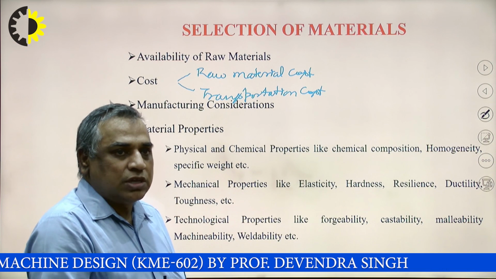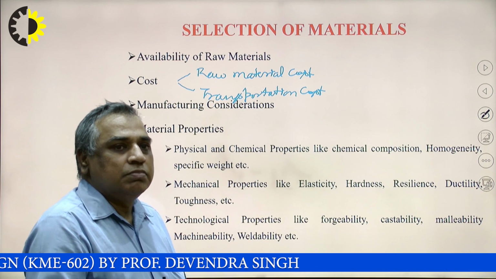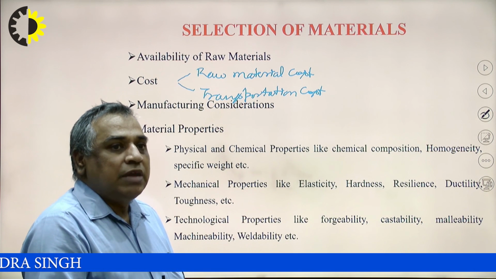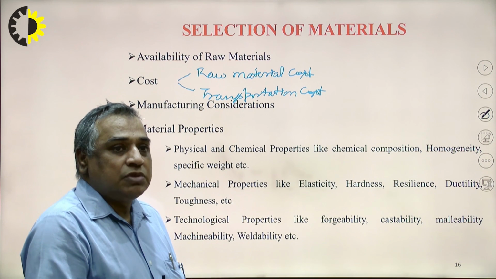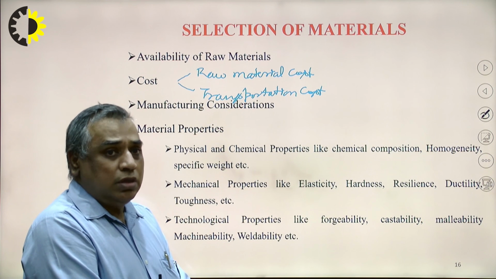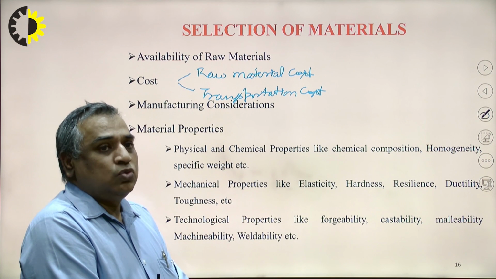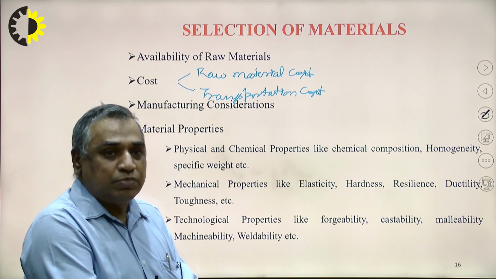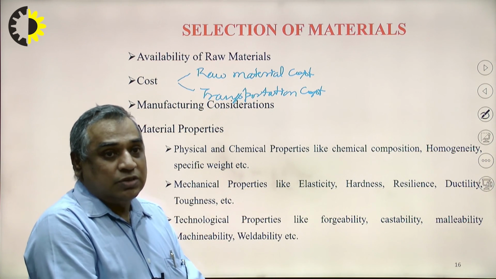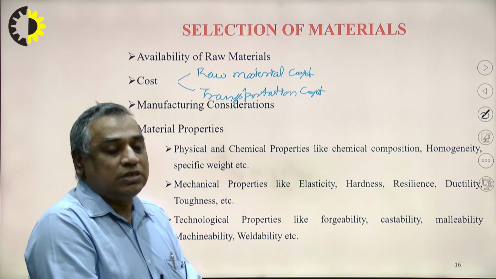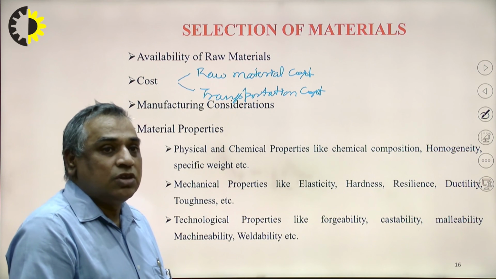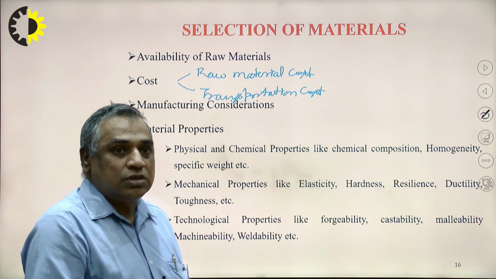A wrong selection of material will adversely affect the design. Sometimes it is better to select the material which has a higher material cost, but its transportation is not there, it is readily available, and it has a low processing cost.